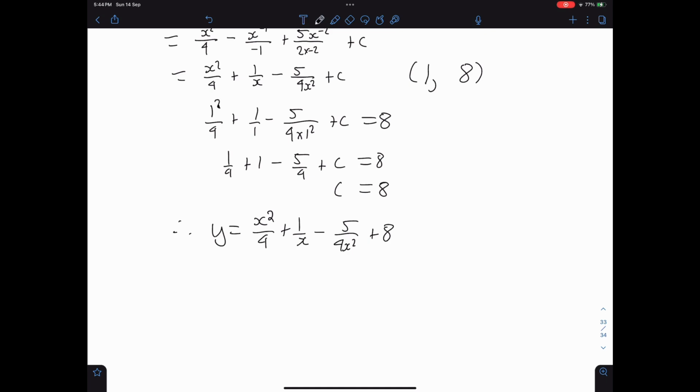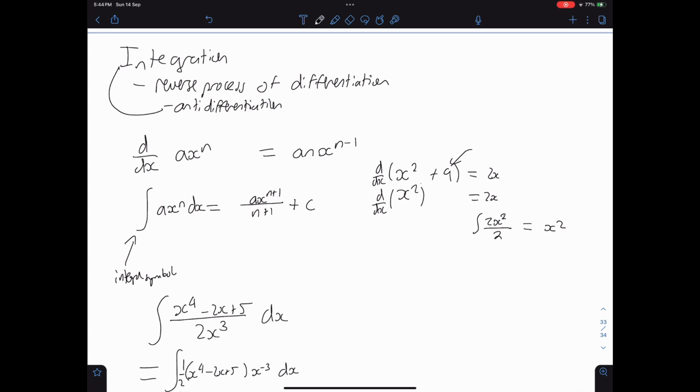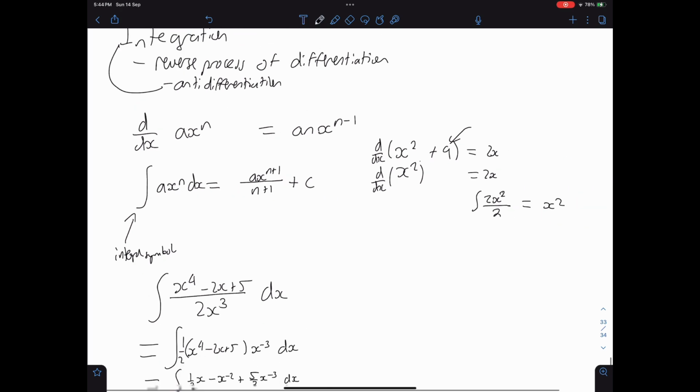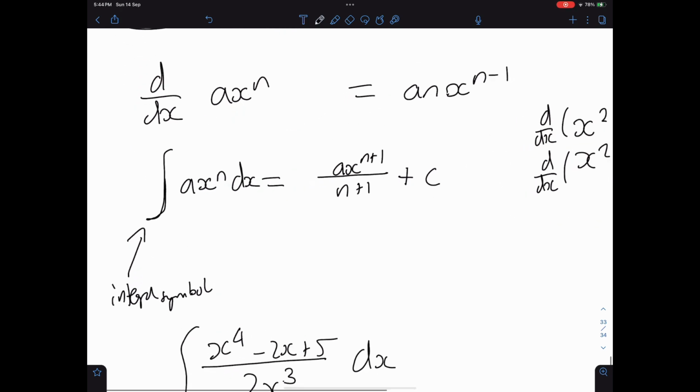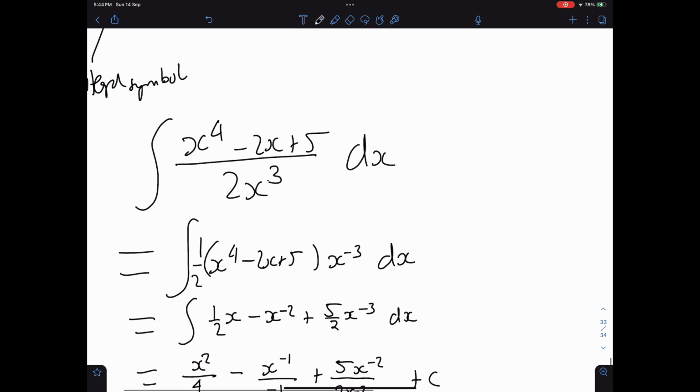So in summary, integration is the reverse process of differentiation, and we get this as our reverse power rule. When we see a curly thing and a dx, the thing inside that is the thing we want to integrate. And when we have a more complicated thing we want to integrate, it's the same as when we might have to differentiate it.